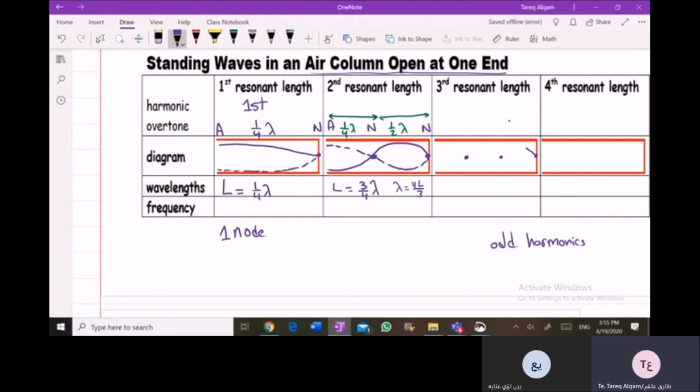This one here is antinode, node, antinode, node, and node.